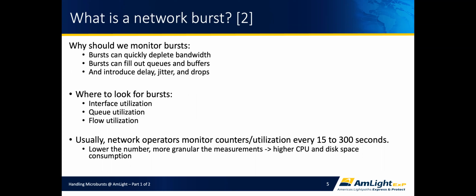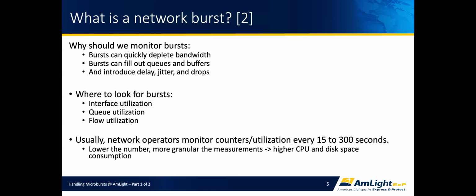A key thing is that to be able to see this, you have to keep querying the network, right? You have to collect the counters and plot the bandwidth utilization. As network operators, we usually do this at 15 to 300 second intervals. In the past it used to be 5 minutes, but now the technology enables us to go a lot closer to the second or even sub-second.